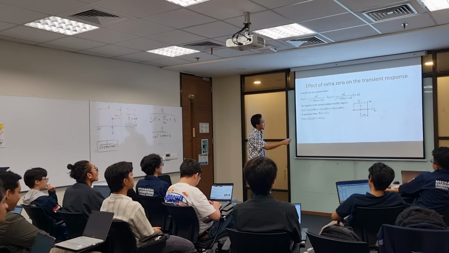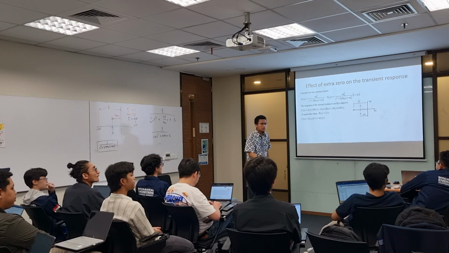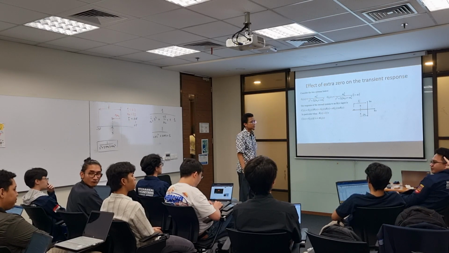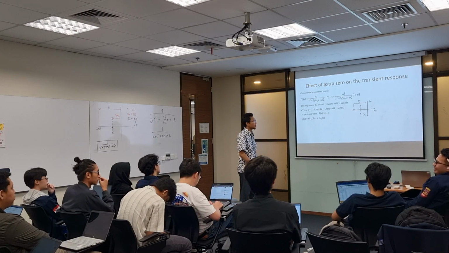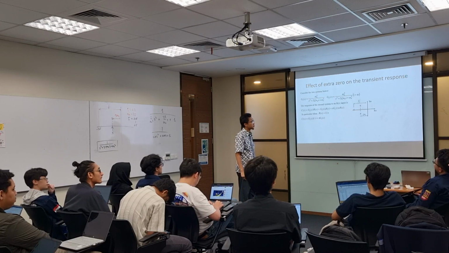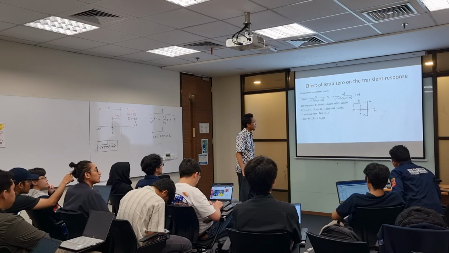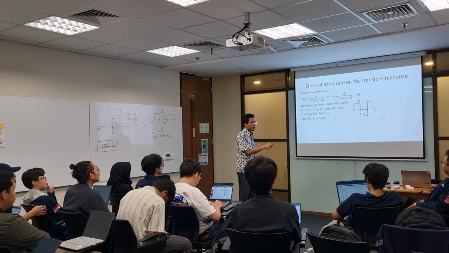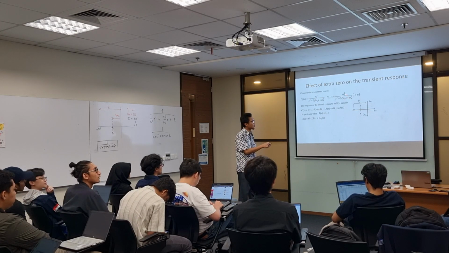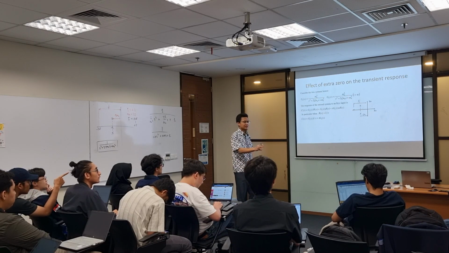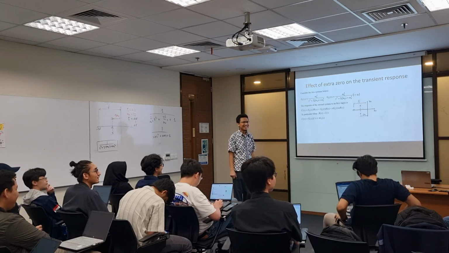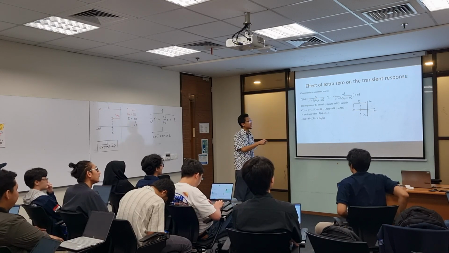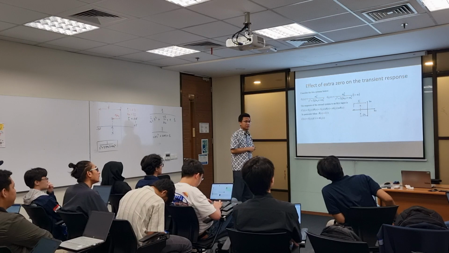Question: is the new zero 1 over tau only, or 1 over tau over W? No, just 1 over tau. The W squared is a constant, and the zero is not affected by the constant.